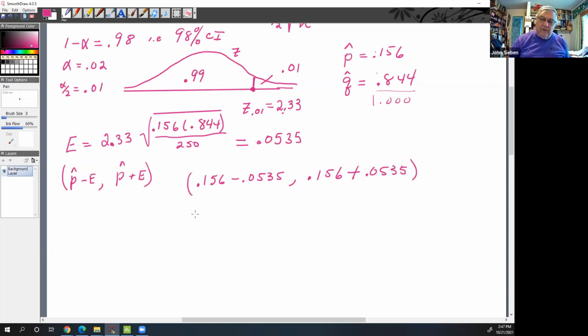And then do that arithmetic, and I'll go ahead and do the arithmetic first. 0.102, 0.210 is a 98% confidence interval.